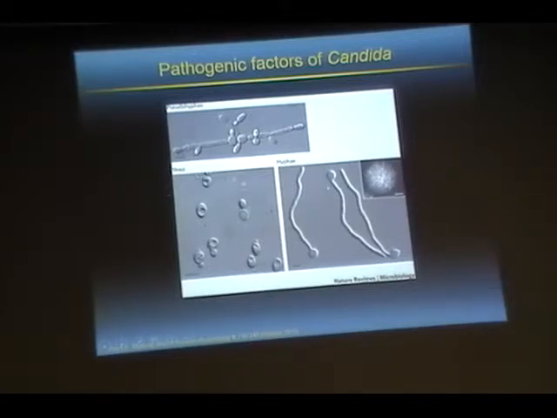If it's in the yeast form, it's not really able to invade. Once they develop into hyphae, they start producing these proteinases and lipases, which lets them invade, and they can also grow along the grooves with these hyphal structures. So this leads them to evade the immune system and also to invade the host.